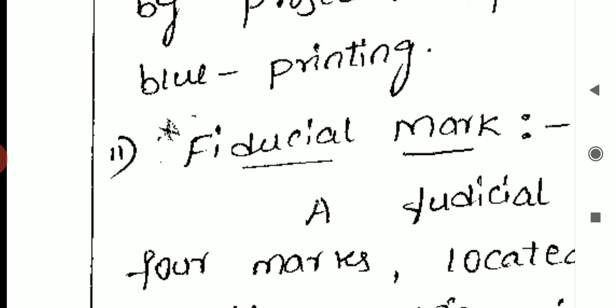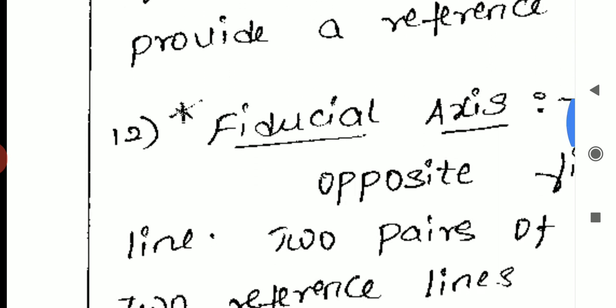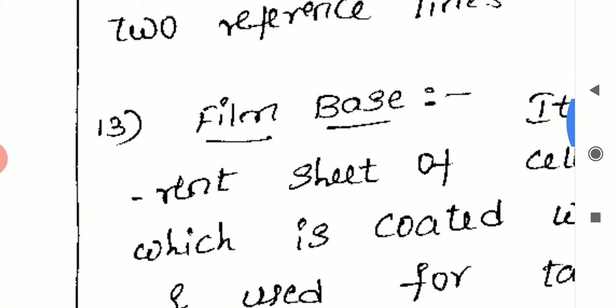Two pairs of opposite fiducial marks define two reference lines that intersect at 90 degrees. Film base is a thin flexible transparent sheet of cellulose nitrate or cellulose acetate, which is coated with a light sensitive emulsion and used for taking photographs.